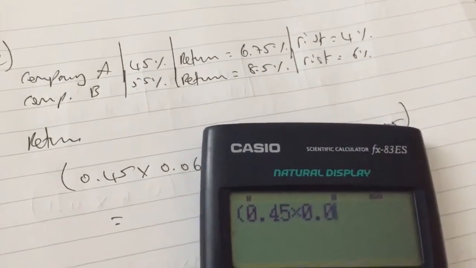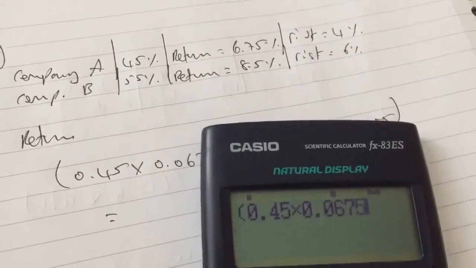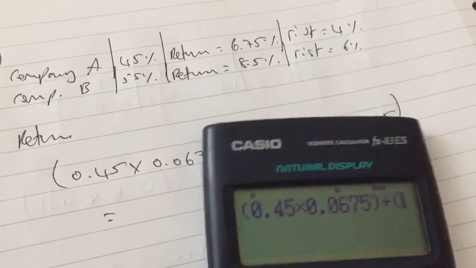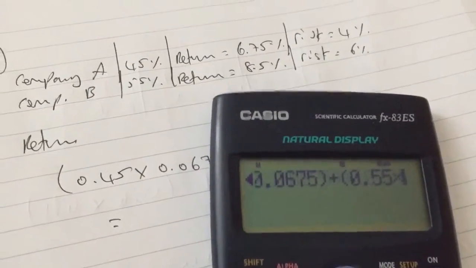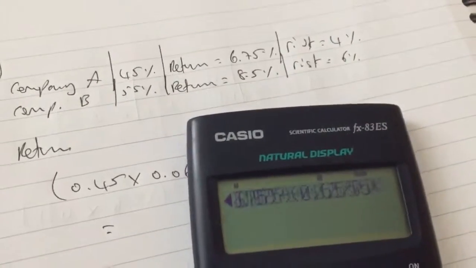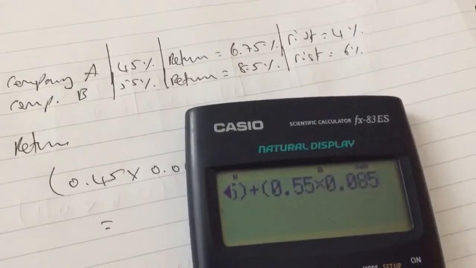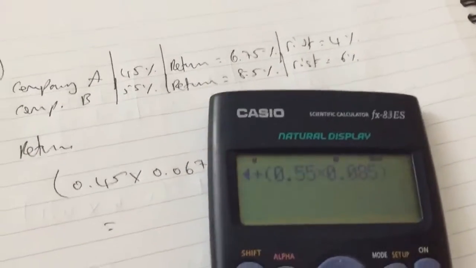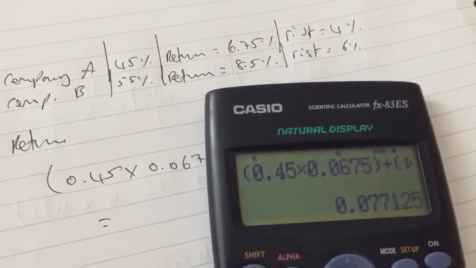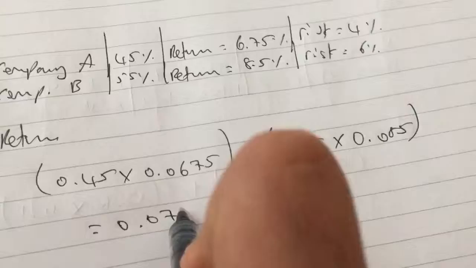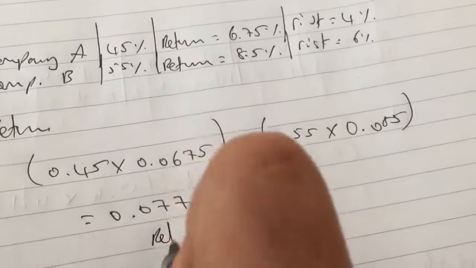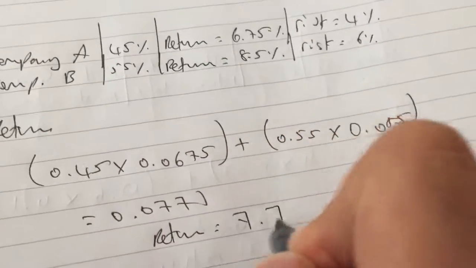So 0.45 times 0.0675 plus 0.55 multiplied by 0.085 equals 0.0771. So our return equals 7.71%.